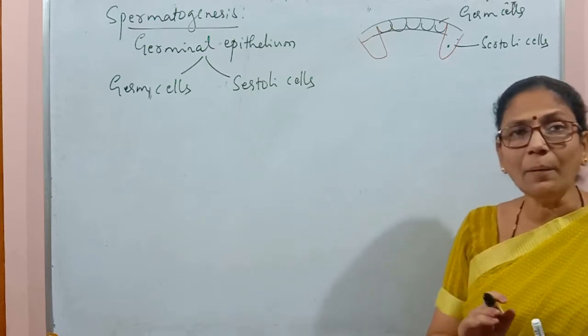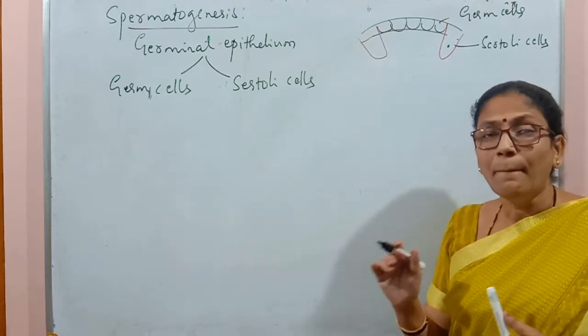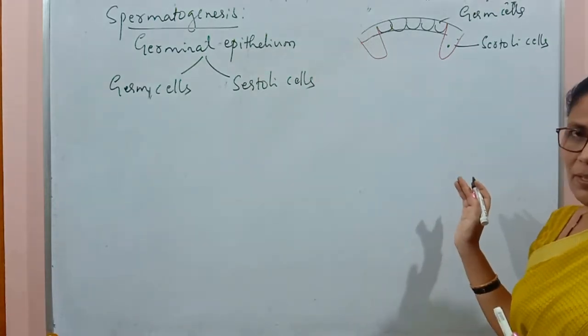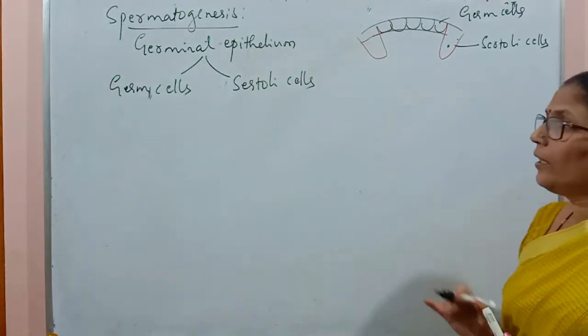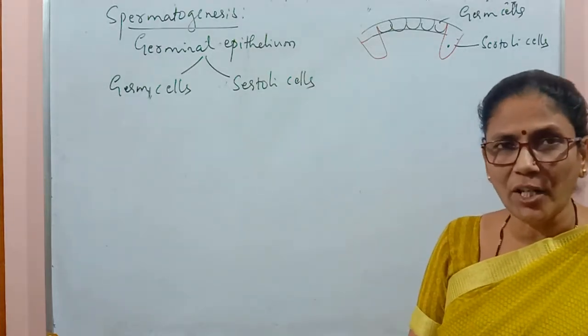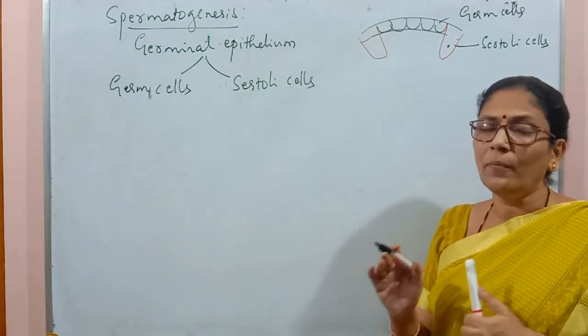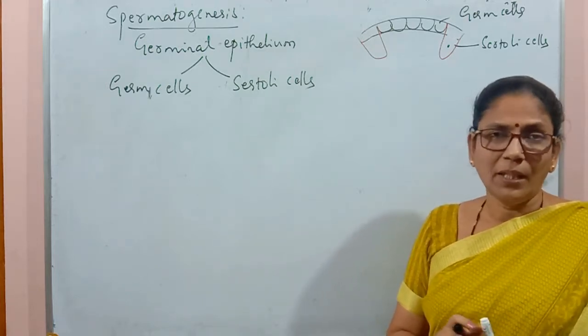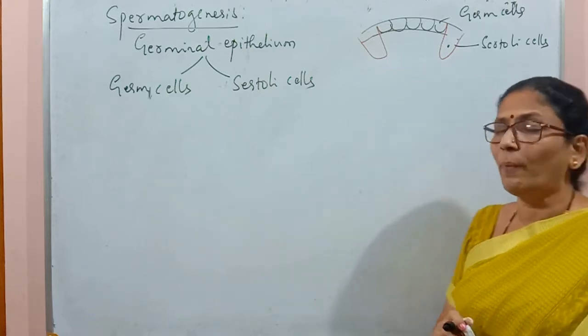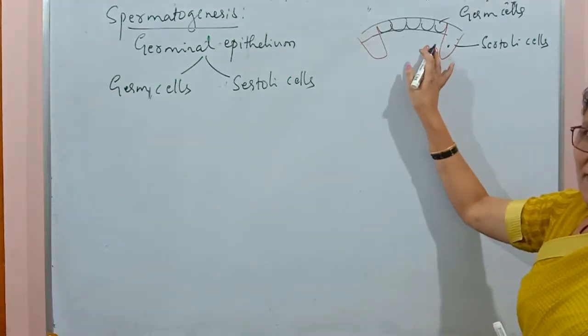They help the spermatogenesis process by providing nutrition for developing sperms. They are not producing any sperms, but sperm production takes place by these germ cells.